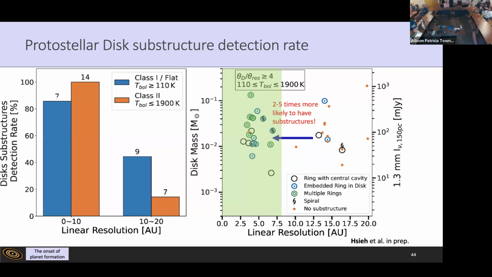In our sample, if we look at resolution better than 10 AU, class 1 and class 2 have comparable substructure detection rates. So this is telling us that substructures form rapidly early on in early class 1.